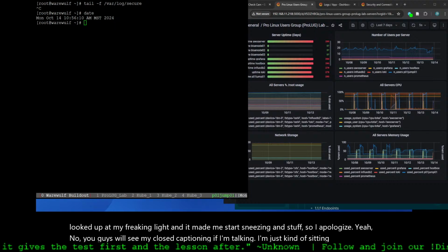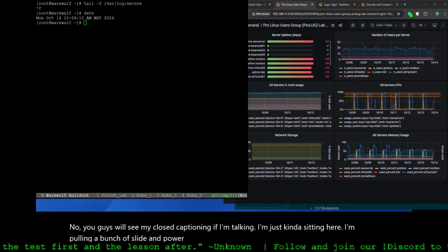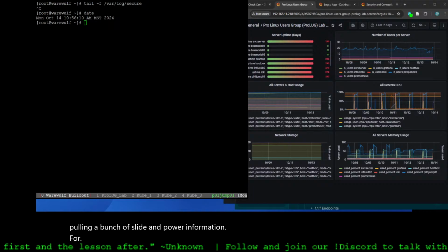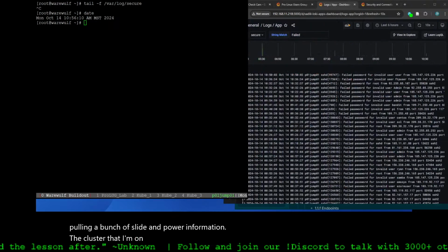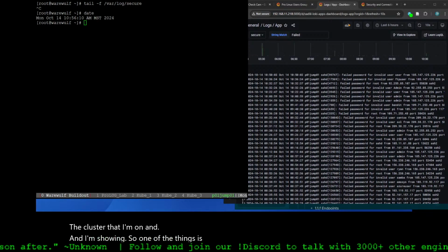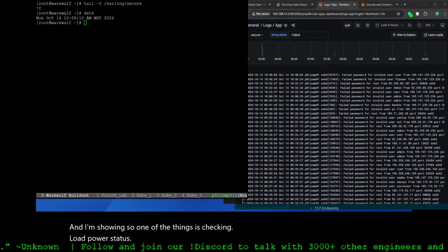I'm pulling a bunch of slide and power information for the cluster that I'm on, and I'm showing. So one of the things is checking node power status, a simple command.